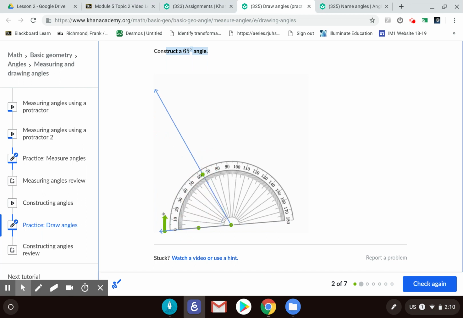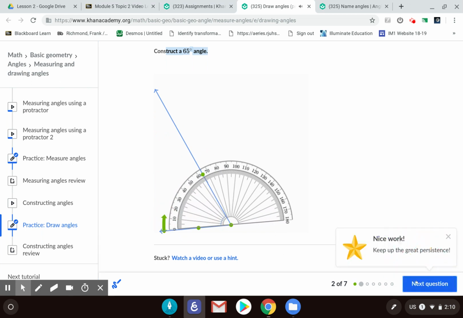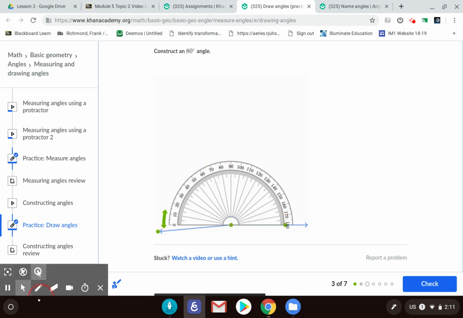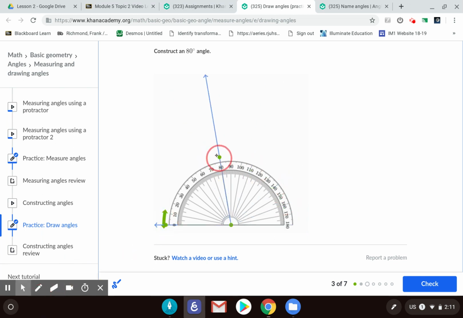So 65 degrees. There. An 80-degree angle. We'll move this one over to the 0. So that's a straight angle. And I'm going to go to 80.